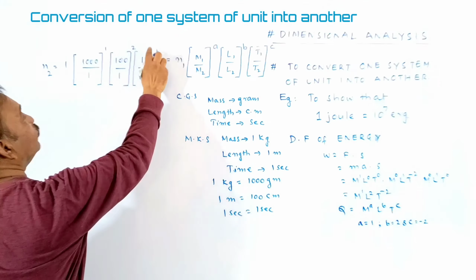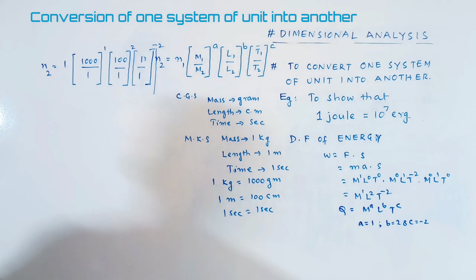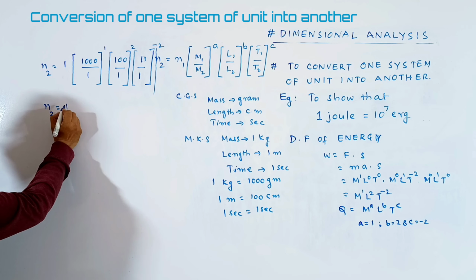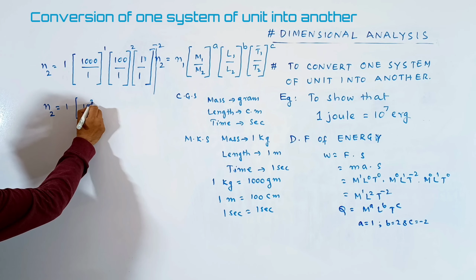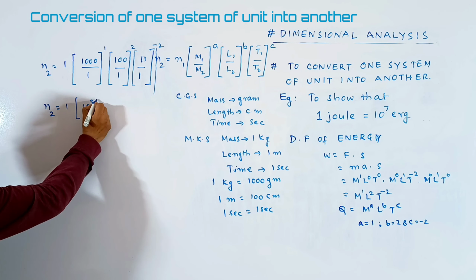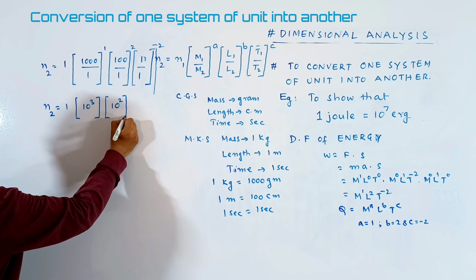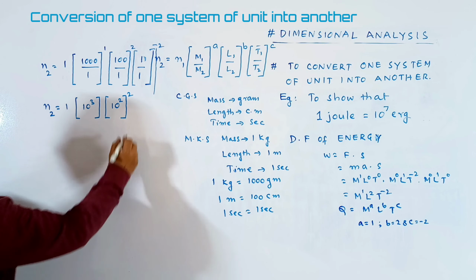What is the dimension there? Minus 2. Okay, students? Then it can be written as n2 is equal to 1 into 10 cube into 10 square to the power of 2 and 1 to the power of minus 2.